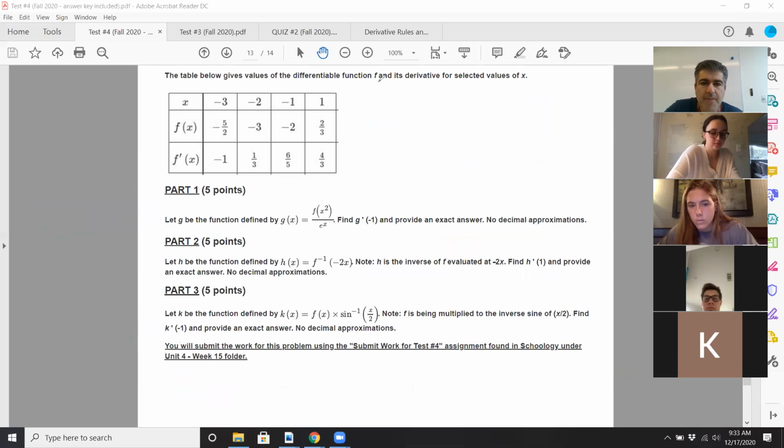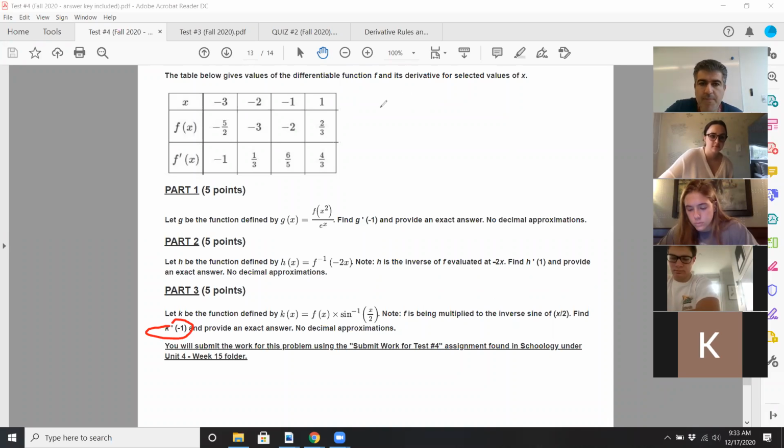All right, last bit. Okay, this I also found just as disheartening as part 1. So here's a mistake. So again, you find the derivative of k, evaluating at -1. Great. So some of you guys did this.